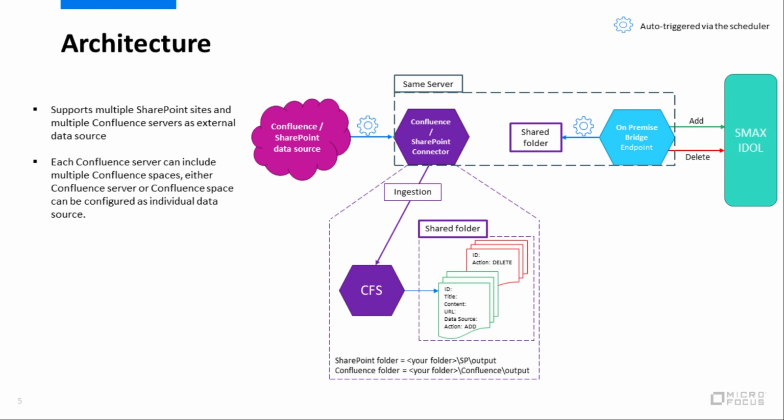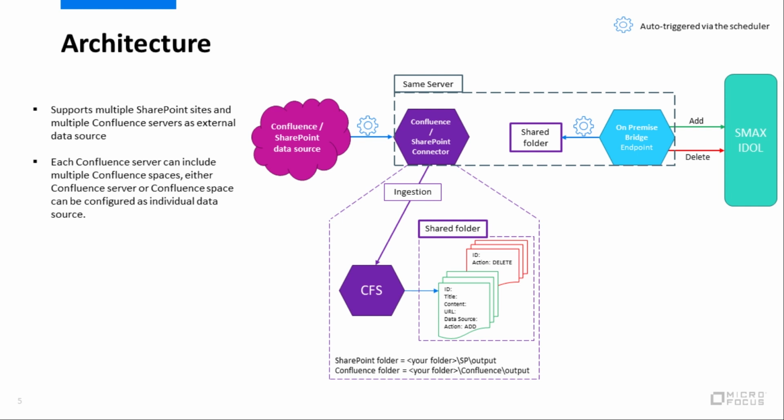Then on top of it, you need to install an on-premise bridge on the same server. This on-premise bridge monitors the shared folder for any updates, either new, modified, or deleted documents. Via the on-premise bridge, those records are then added to or removed from the SMAX IDOL search engine.